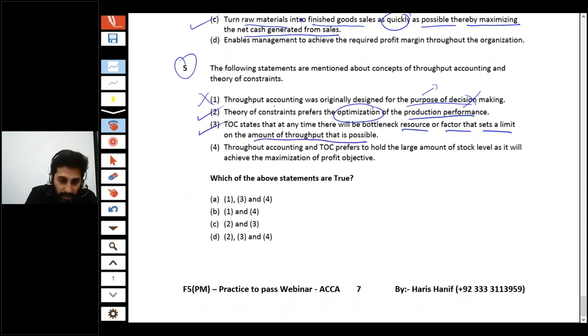The answer is yes. And throughput accounting prefers to hold a large amount? No, they prefer just in time, so that is a cross. So 2 and 3 are the correct options.